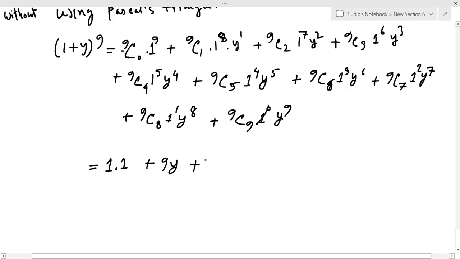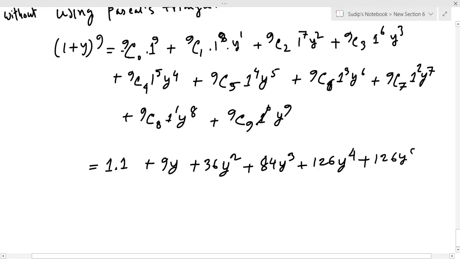y square, 9C3 is 84 y cube, 9C4 equal to 126 y to the power 4, and 9C5 equal to 126 y to the power 5.